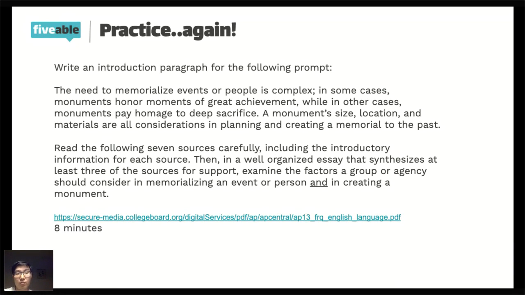The factors a group or agency should consider when memorializing an event or person include their legacy, historical context, and effects on others. Moreover, when creating a monument, it is best to ensure that cultural sensitivities and proper dedication is provided. So as you can see, that answers both sides of the prompt, and it goes into very much detail as to what needs to be considered.